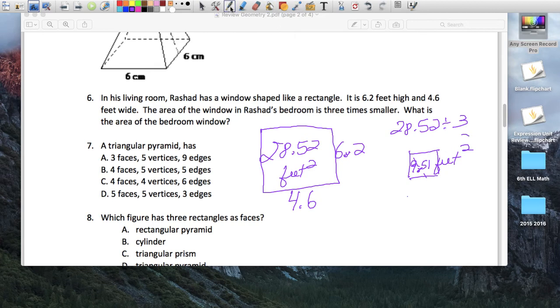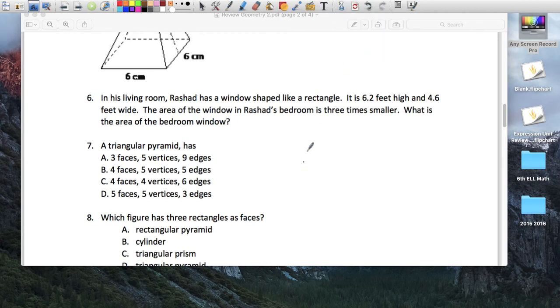Next one is a triangular pyramid. You need to be able to imagine a triangular pyramid, so if you want to draw it, you can. A triangular pyramid has a base that's a triangle, and then you go like this, and like this. That's a really ugly one, but you get the idea.